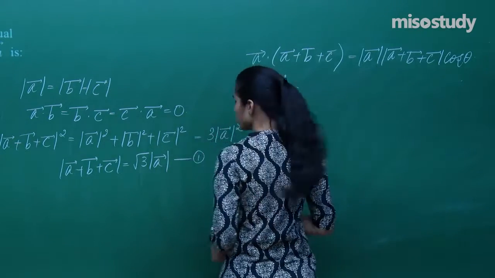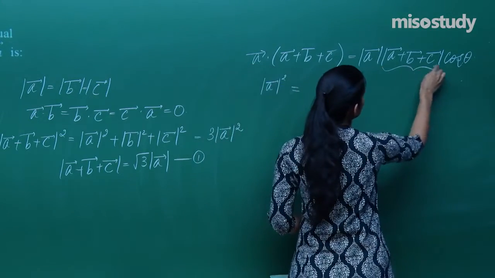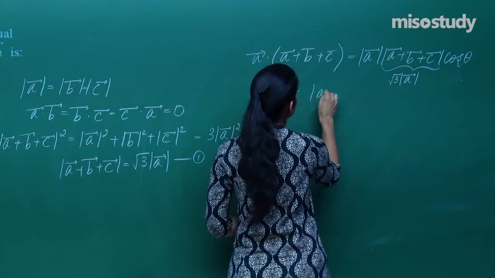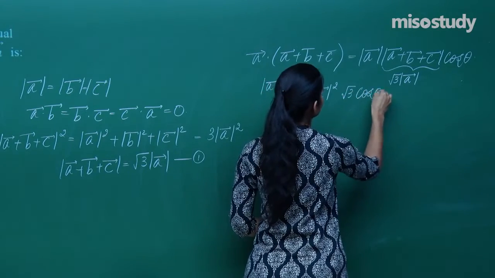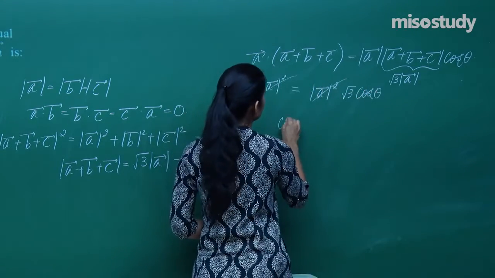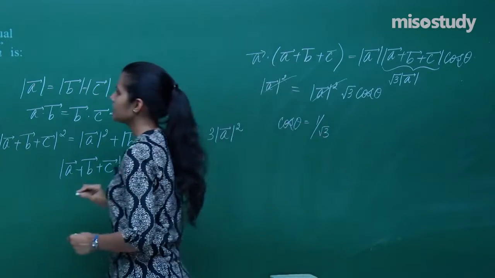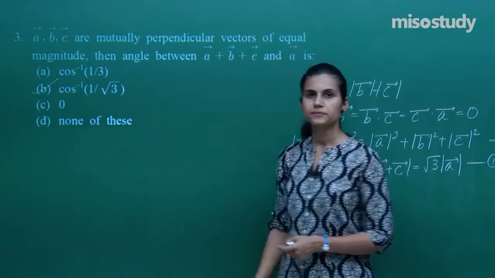What is magnitude of A plus B plus C? It is root 3 times magnitude of A. So you have magnitude of A whole square equals root 3 cos theta, and therefore you get cos theta is 1 by root 3, or theta is cos inverse 1 by root 3.